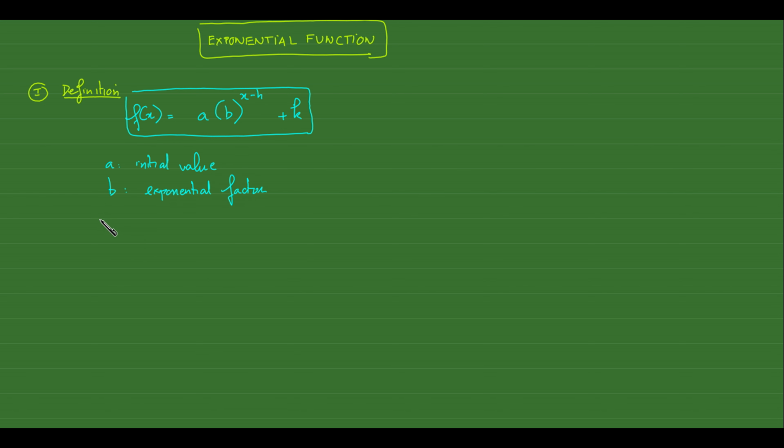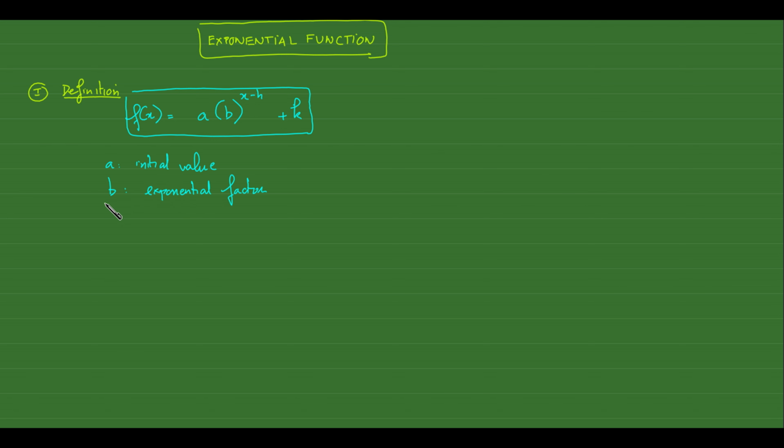The initial value a here could be positive or negative. If it is positive, then it could be above the x-axis, and with the transformation concept, if it is negative, it could be flipped over the x-axis. So it could be a positive or negative value.